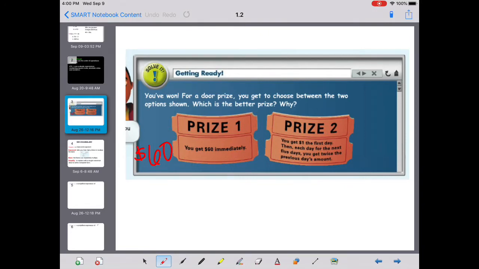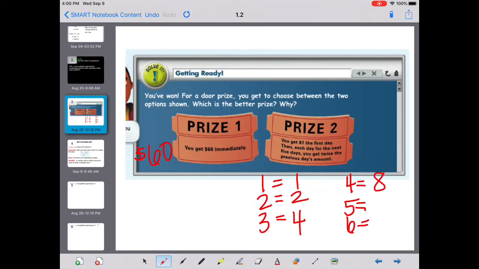If I do prize 2, I'm going to have 6 days. First day would be $1. Then the next 5 days would be twice the amount of the previous day, which means if I had $1 on day 1, I'm going to have $2 on day 2, $4 on day 3, $8 on day 4, $16 on day 5, and $32 on day 6.